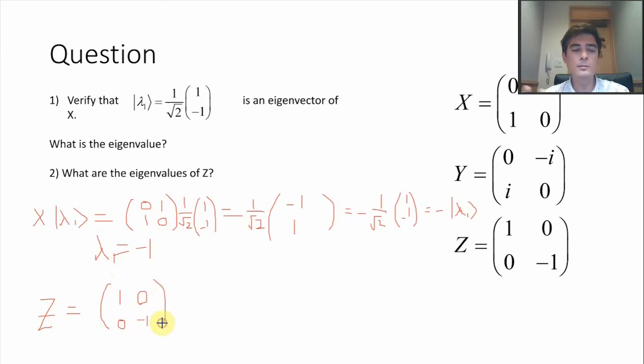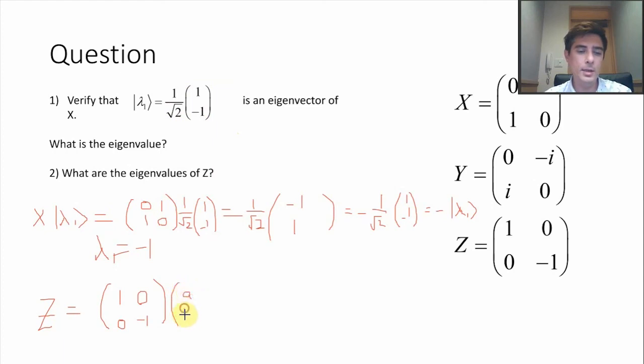So we're just looking for a vector that, when you multiply this, would give you the same vector, right? So let's just try this.